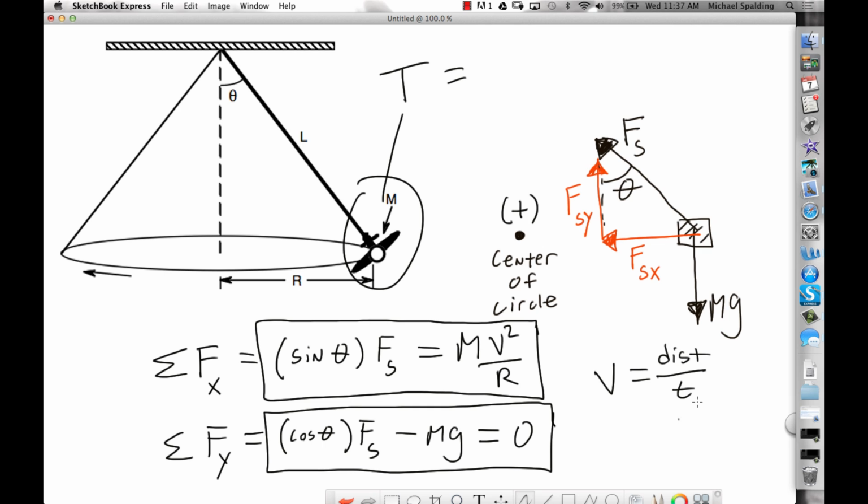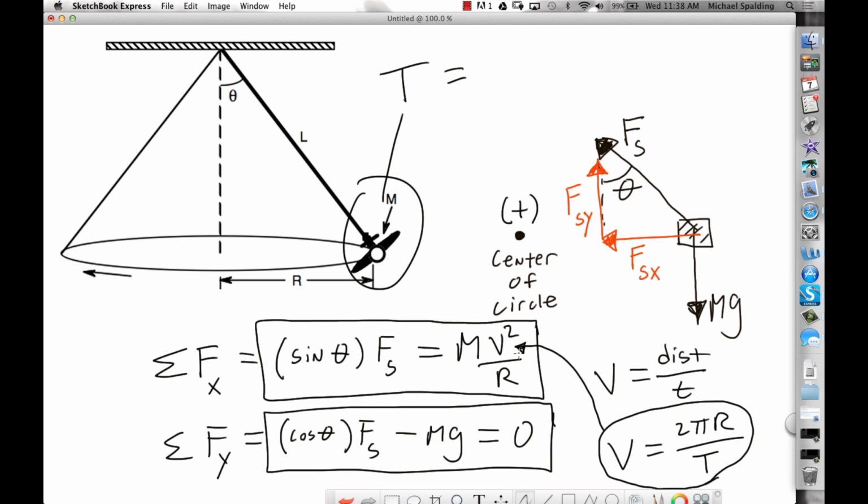All we're doing is using the basic definition for velocity. Velocity is distance over time. So let's apply that to one circle. What's the distance around one circle? 2 pi r. What do we call the time for one circle? The period. So we take this equation for velocity and plug it in up there. What do you notice now?